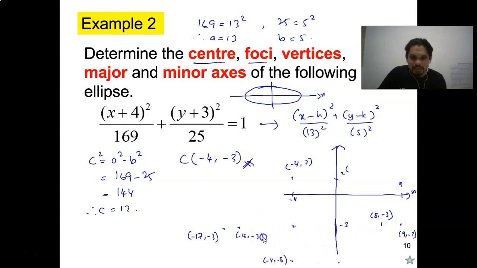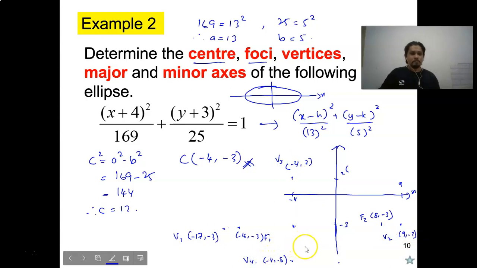So this is F1, F2, the major V1, V2, and this is V3, the minor, and V4. Okay, class, you may sketch for yourself.